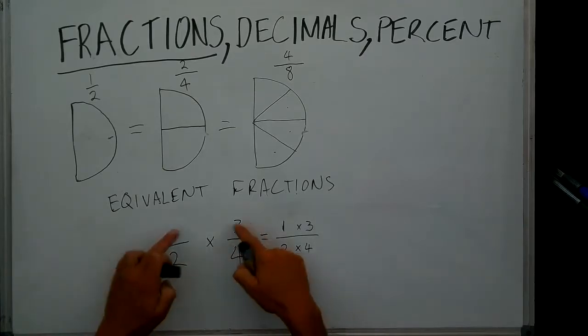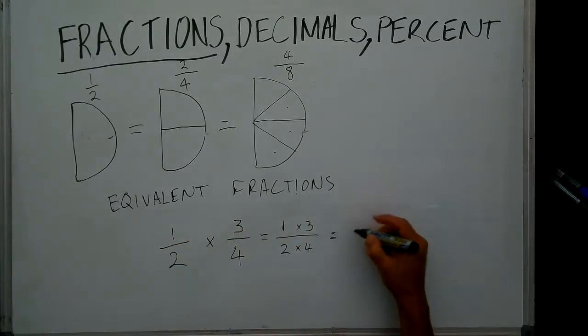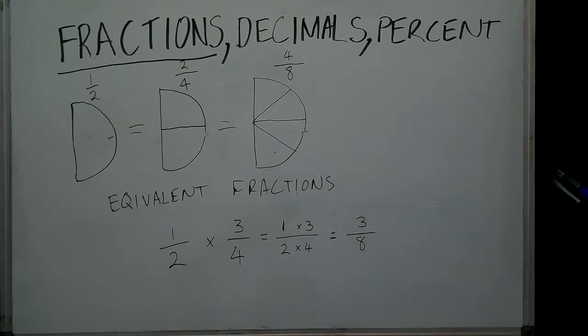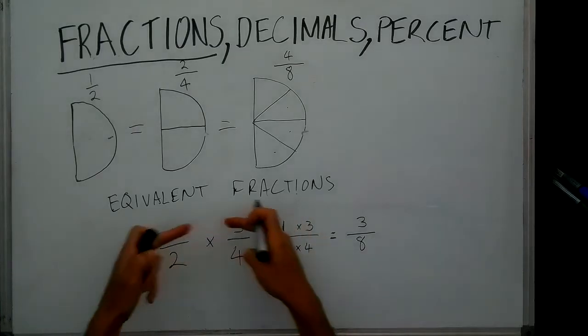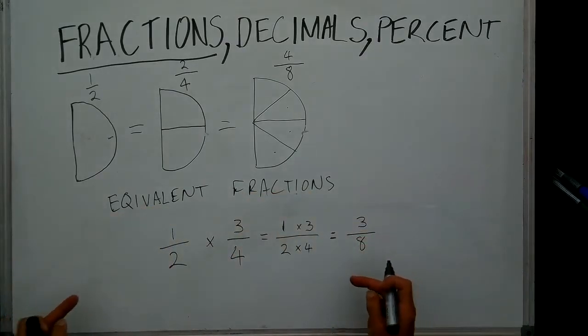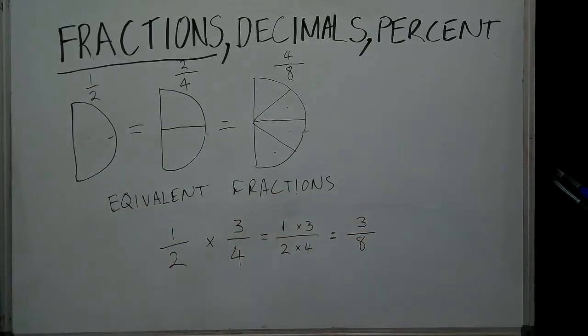So they just sort of go together in a multiplication. So this would be 3 over 8. So with multiplying, we just multiply the tops together, we multiply the bottoms together, and we keep it as a fraction.